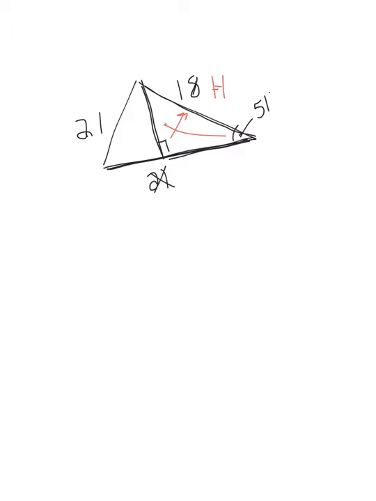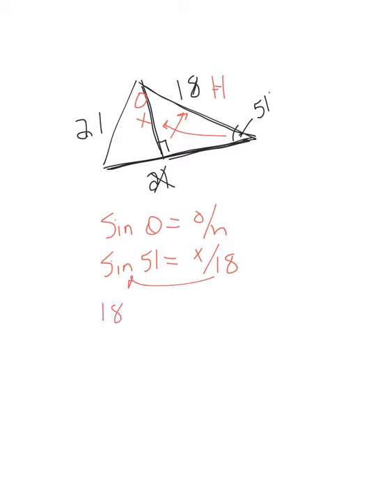My goal is to find the side opposite the angle 51, so that's going to be my O. So sine of theta is equal to O over H. Sine of 51 is equal to x over 18. Since my x is on top, I get to move that 18 over, and I get to say 18 times sine of 51 is equal to x, and x is equal to 13.99.